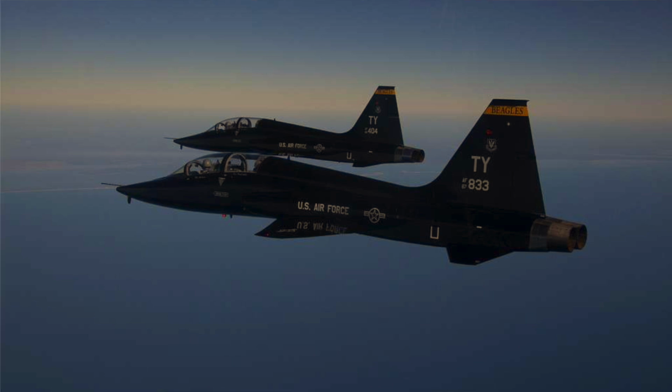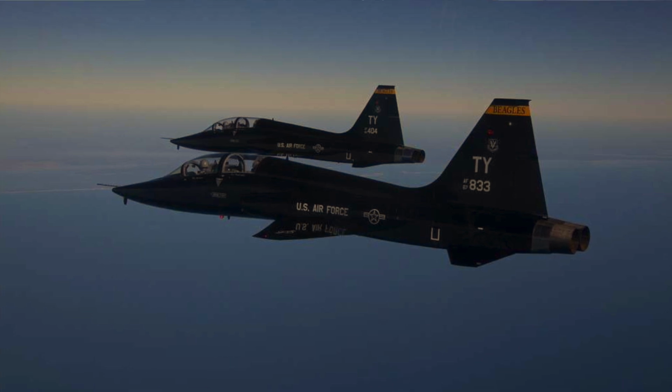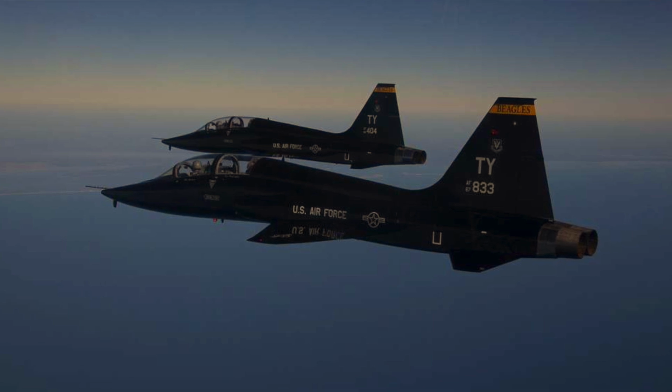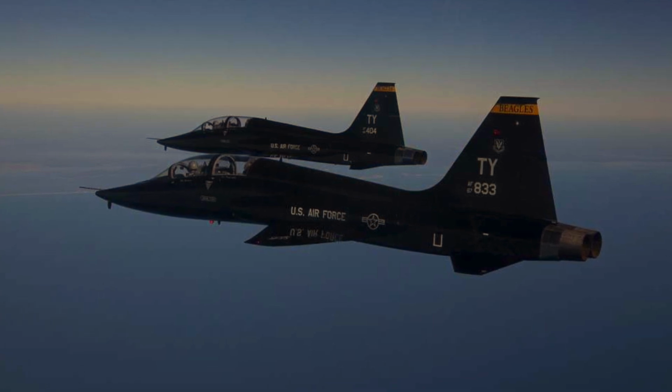We can put a jamming pod on it to replicate different types of electronic countermeasures that a frontline pilot may encounter out in the theater. But as far as trying to trigger a radar warning system or other types of threats in the electronic spectrum, the T-38 is limited because it has no radar.